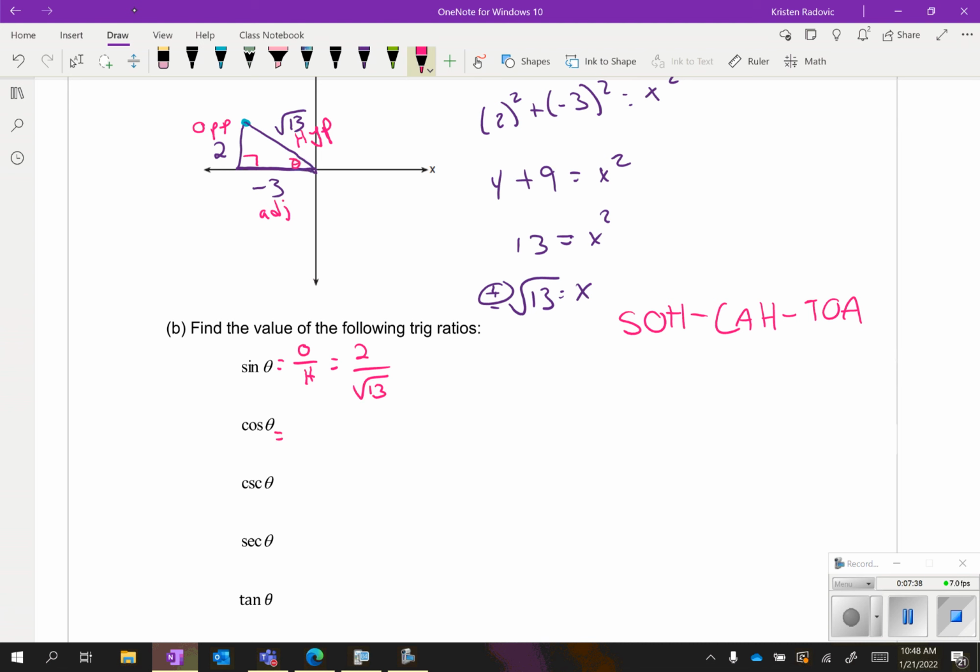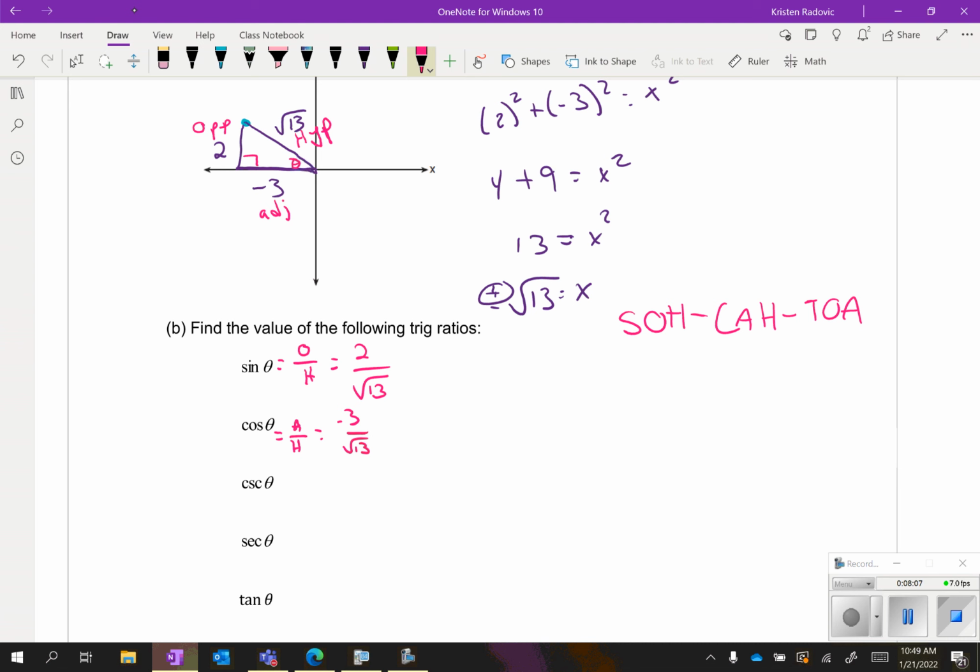Cosine is adjacent over hypotenuse. Your adjacent is -3. Your hypotenuse is radical 13. Now, I know that it doesn't make sense to have a side length be a negative value, but it's not saying that's a negative value, it's saying it's a negative position because you're on the left side of the x-axis, and on the left side, you have negative x values.